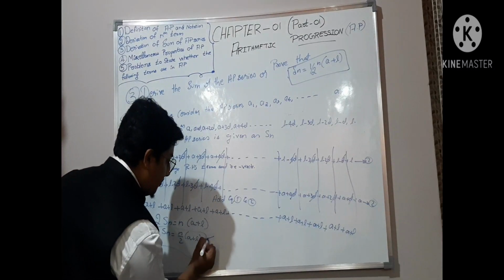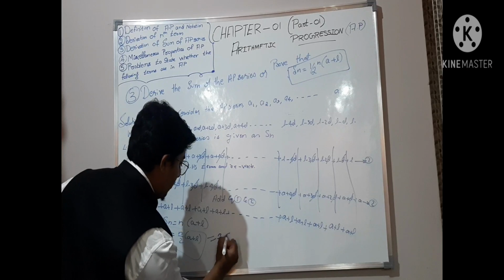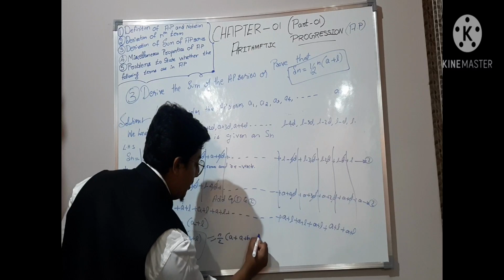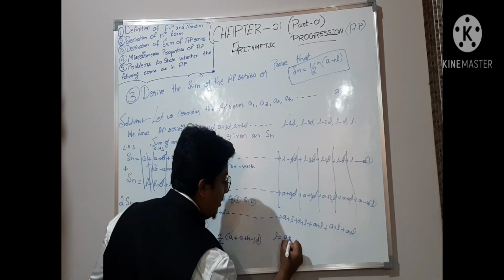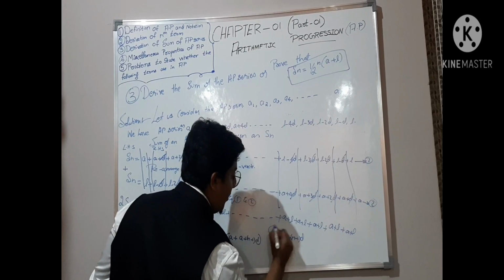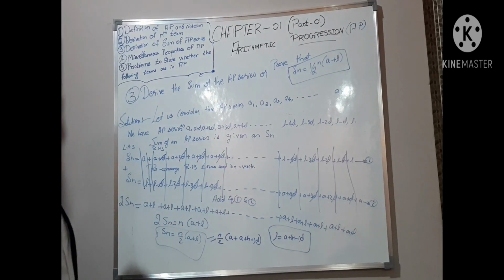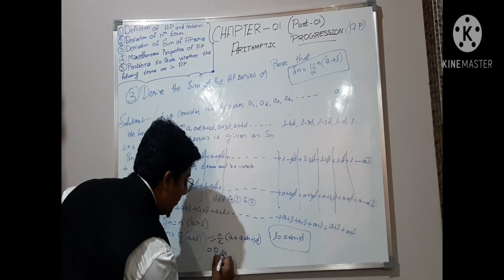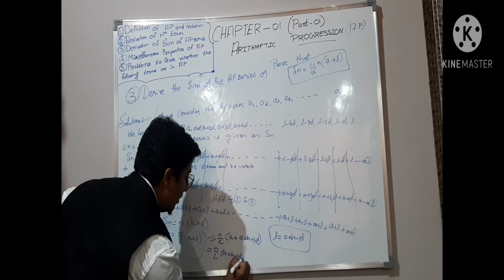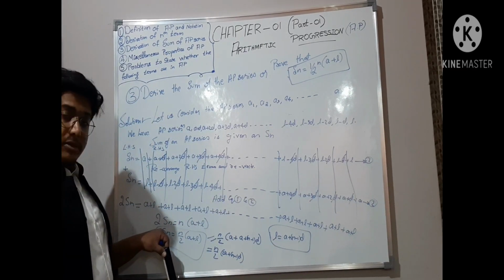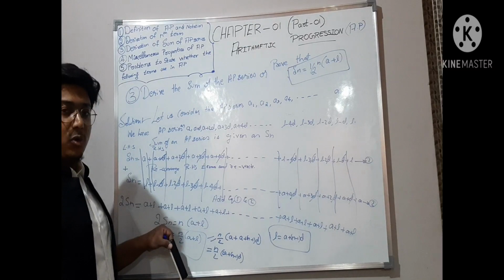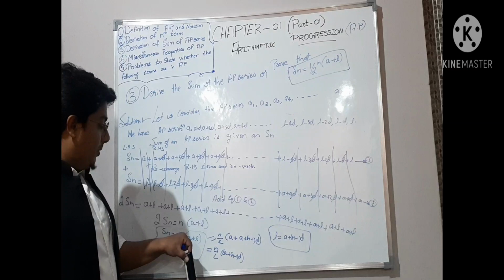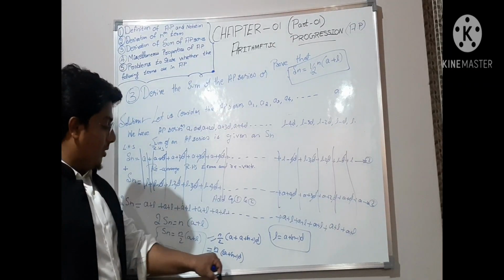Similarly, we can also have n by 2 into (A plus L), where L is equal to A plus (n minus 1) times D. You remember, the last term is given as L is equal to A plus (n minus 1) times D. Therefore, it is also given as n by 2 times (2A plus (n minus 1) times D). If the first term is given and we need to calculate the difference, we can go for this formula.